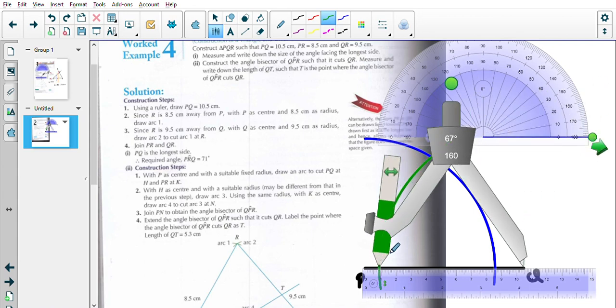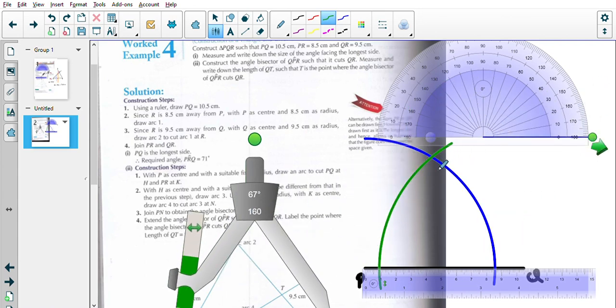Now we have two arcs intersecting at this point, so we can write down here that this is the point R. Of course, the length of PR is 8.5 centimeters and the length of QR is 9.5 centimeters.